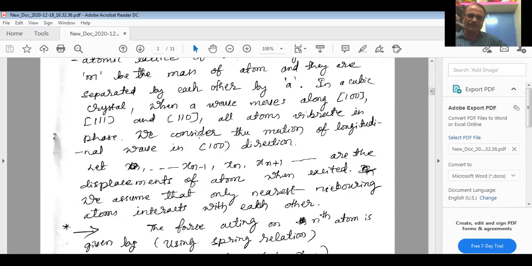When a wave is moving along these directions, all atoms vibrate in phase. In phase means all will go up and come down at a time. That kind of vibration is called an in-phase vibration. So we consider the motion of a longitudinal wave in the 100 direction just for simplicity.